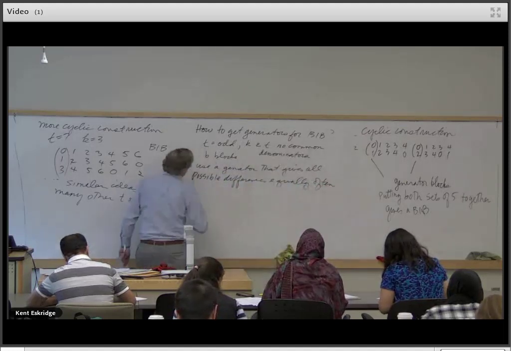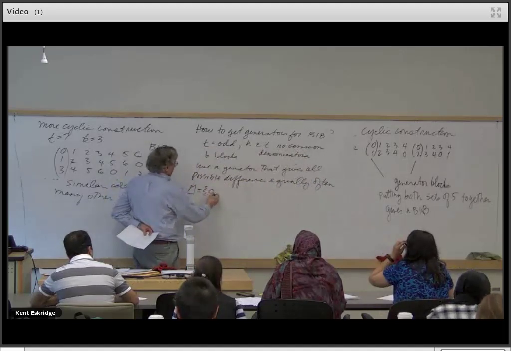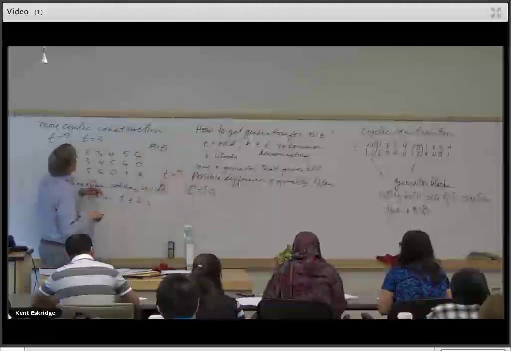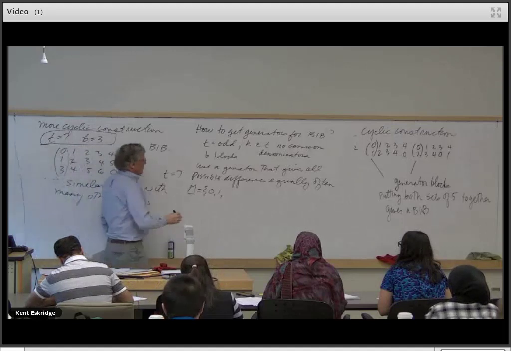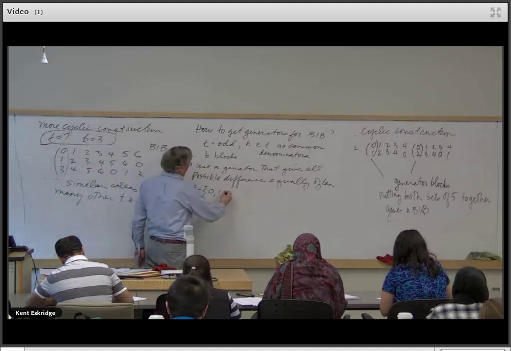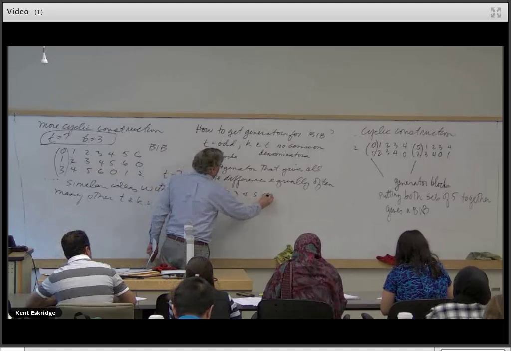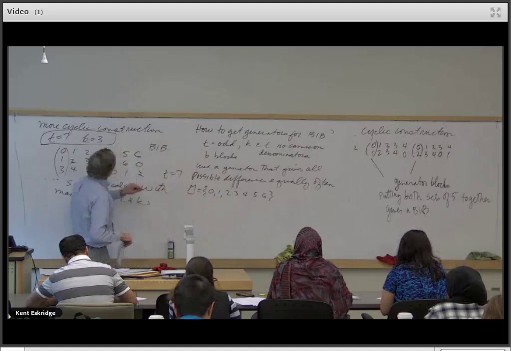Now, what I mean by all possible differences, I'll call it this set G. You could have a difference of 0, 1, 2. Let's say T is equal to 7. I'm talking about this thing here. All possible differences like 0, 1, 2, 3, 4, 5, and 6. Right? I get a difference of 6. But I'm not interested in a difference of 0 in my generator.